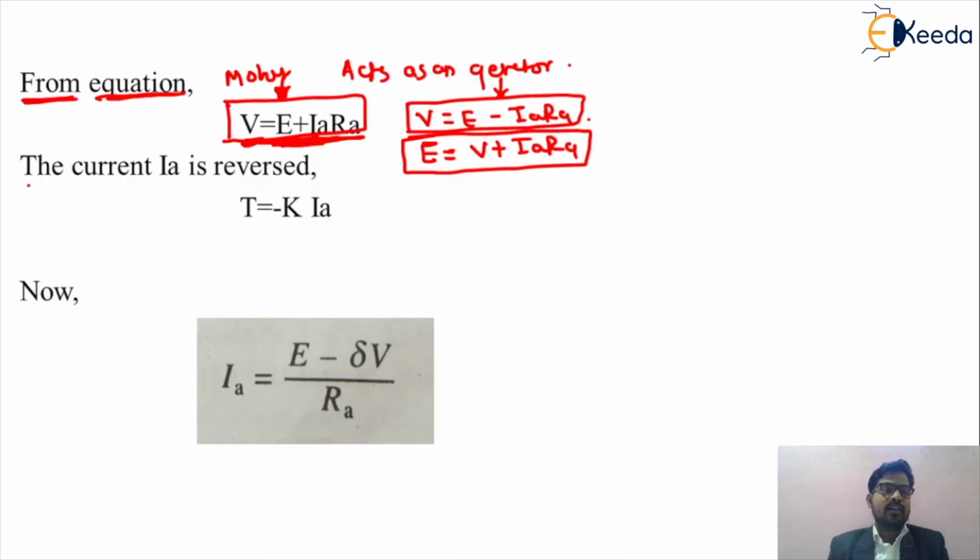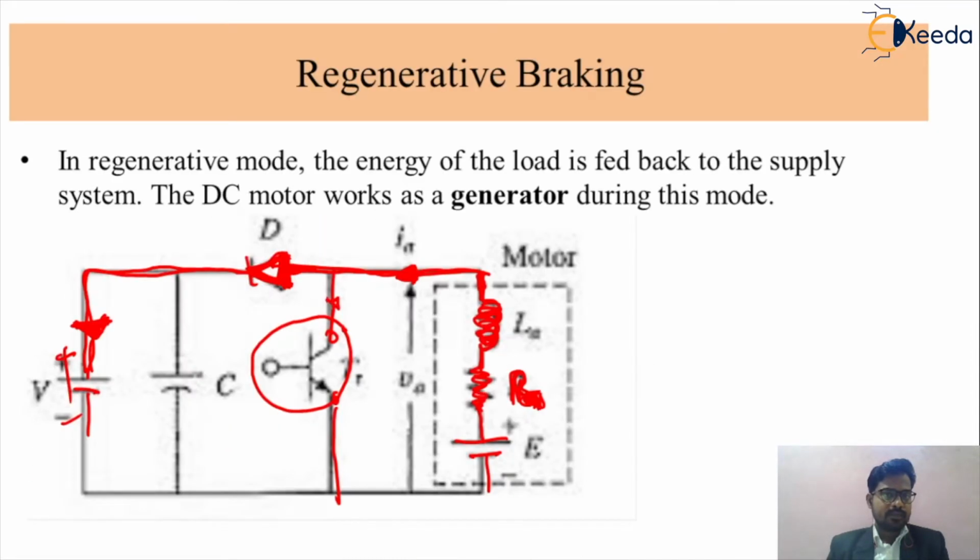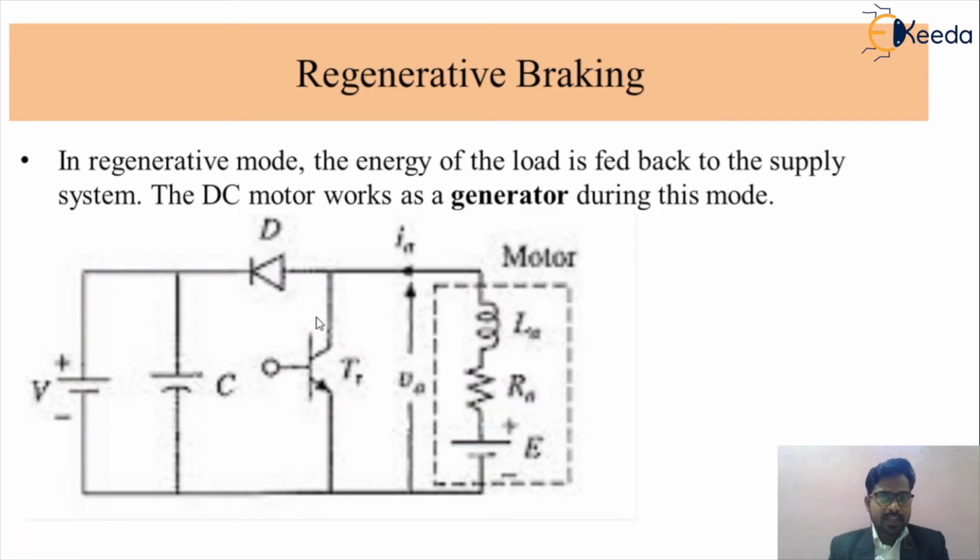In that particular regenerative braking, we have seen the value of the armature current in that particular circuit. We can see from the basic diagram, so you can get the concept. The value of that particular armature current is reversed.